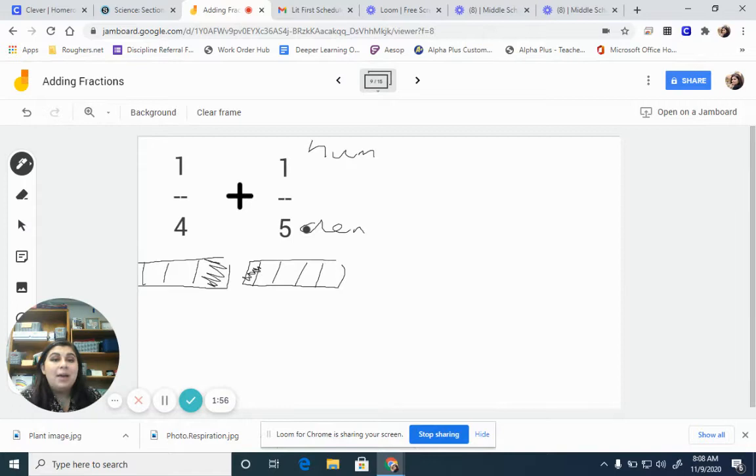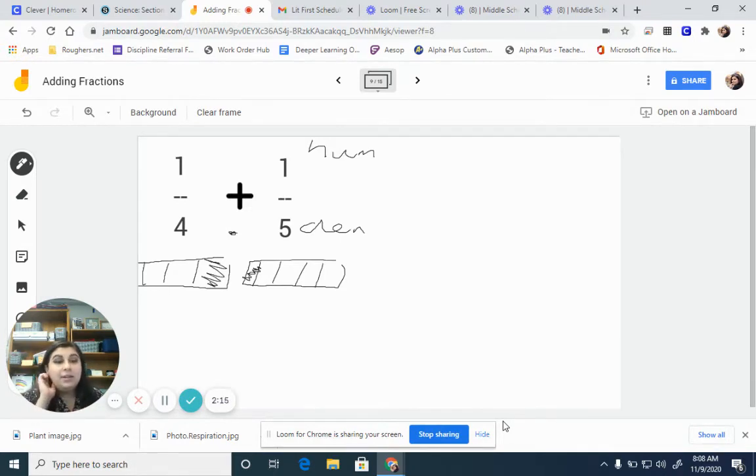And so the first thing I would have to do is find a common denominator. The easiest way to do this is to just multiply these two numbers because it's going to give you a common denominator every time, because obviously 4 times 5 and 5 times 4, that means both of them are able to go into that denominator every time.